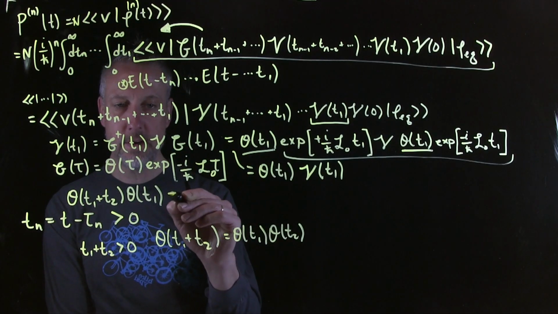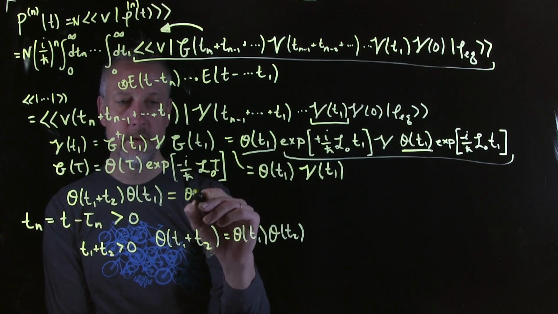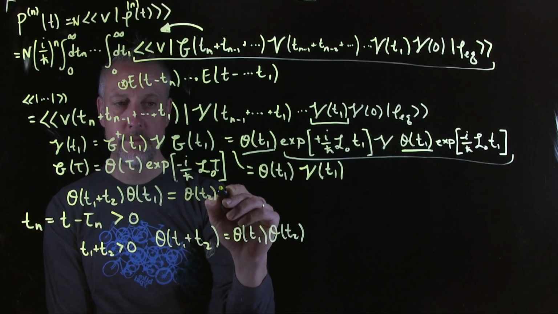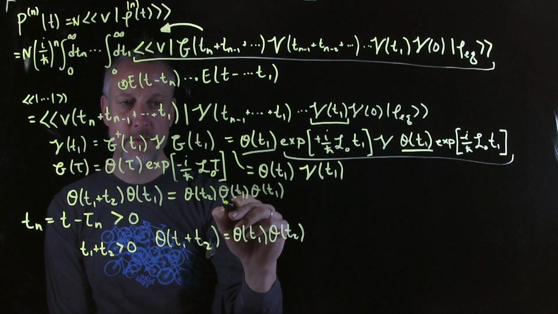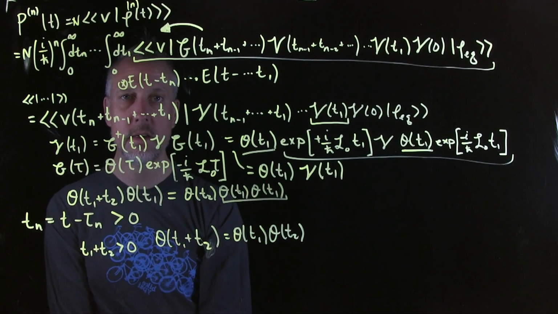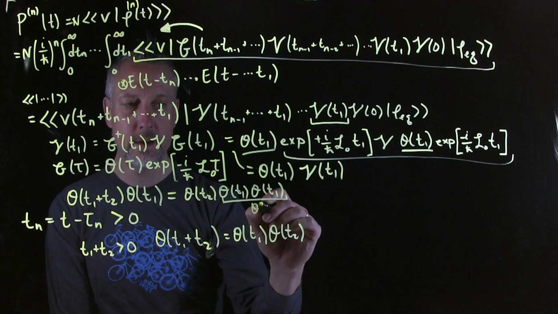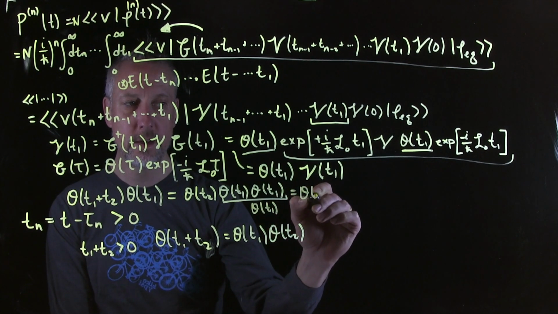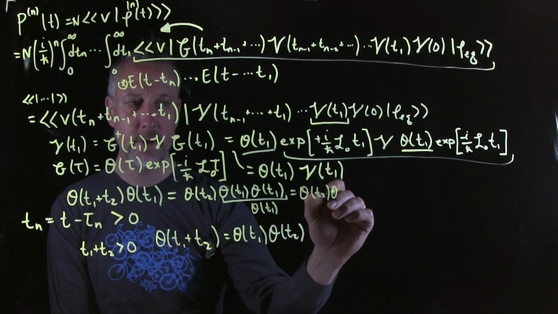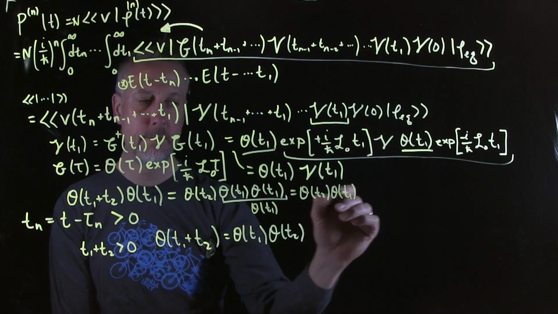So then what you have here is theta T2, and then theta T1, and you already had a theta T1 before. And what we said before about Heaviside functions equaling themselves squared, this is equal to theta T1. So overall, this is equal to theta T2 theta of T1.